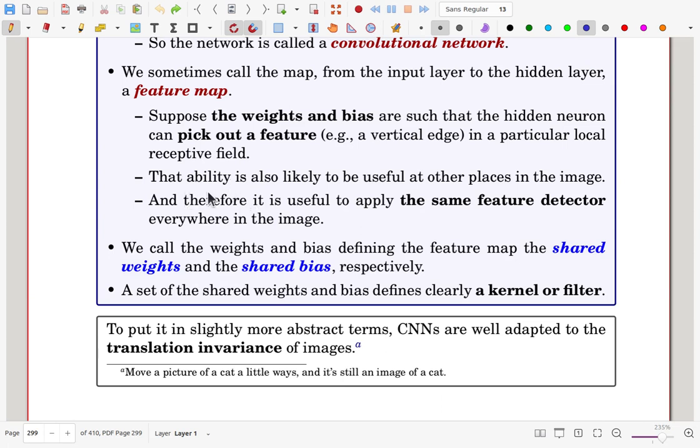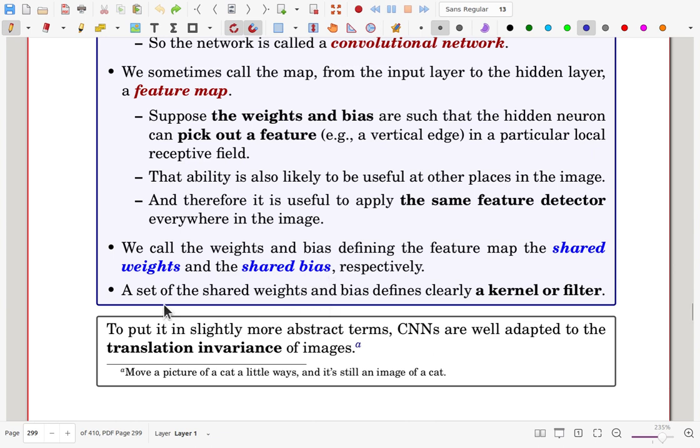The ability of picking up a feature is also likely to be useful at other places in the image, so it is useful to apply the same feature detector everywhere in the image. Such weights and bias defined in the feature map are called shared weights and shared bias.